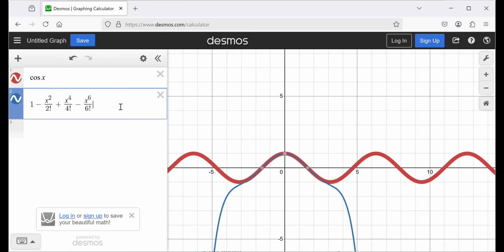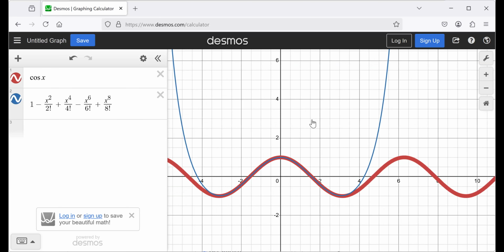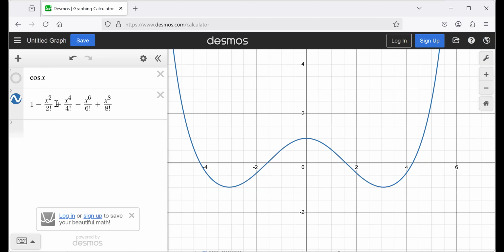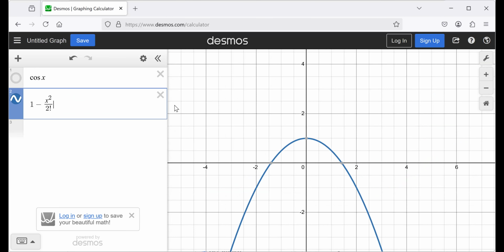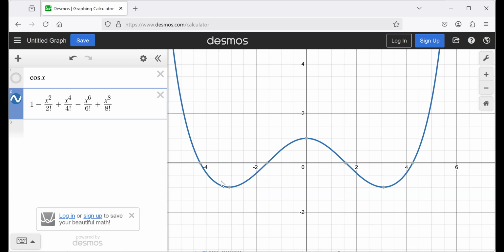But I've already observed this pattern. The more terms I add to this thing, you see it spreading out. From this, which really only looked like the cosine around here, to this, which looks like the cosine on a much bigger interval.